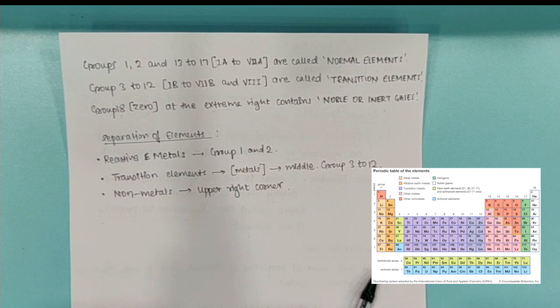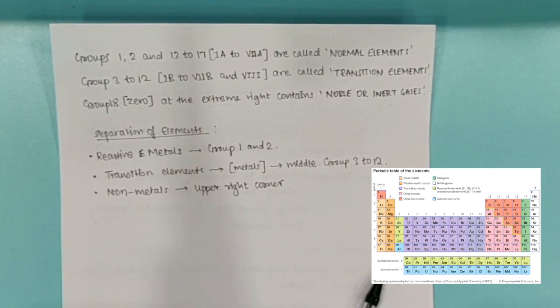Now let's see the gradual change in the properties. How is that seen? The gradual change in the property is seen with the increase in the atomic number in the periodic table. The recurrence in the properties or the similar properties are seen with the elements belonging to the same subgroup in the periodic table.